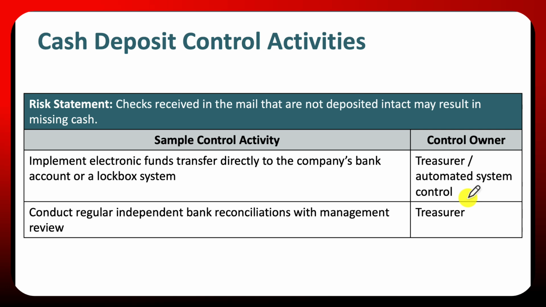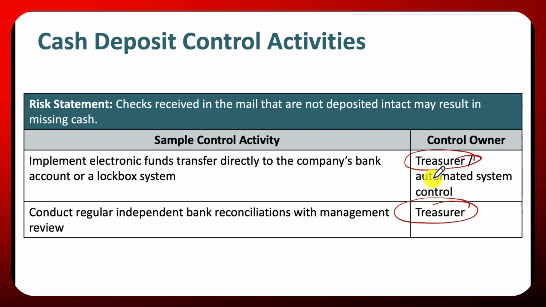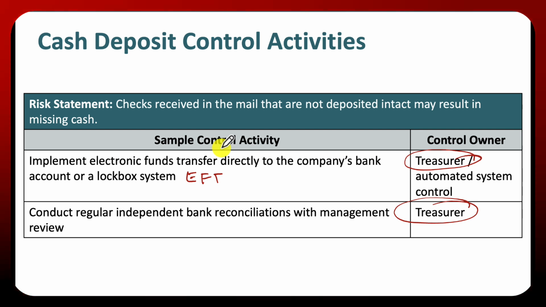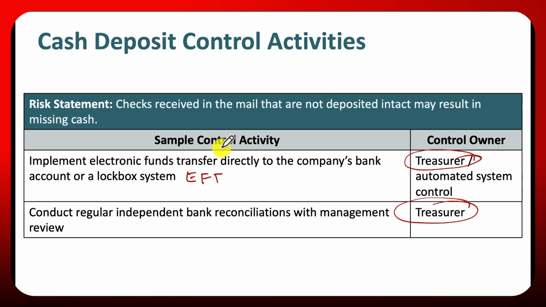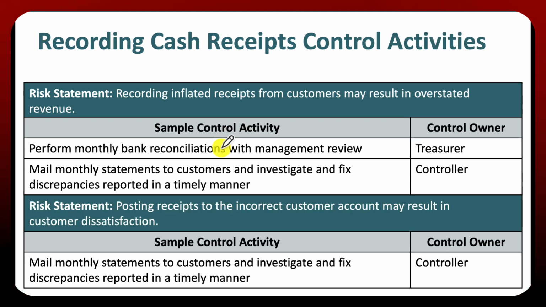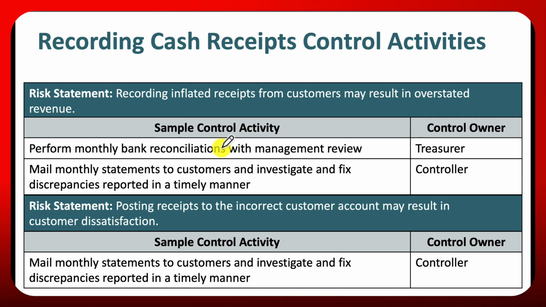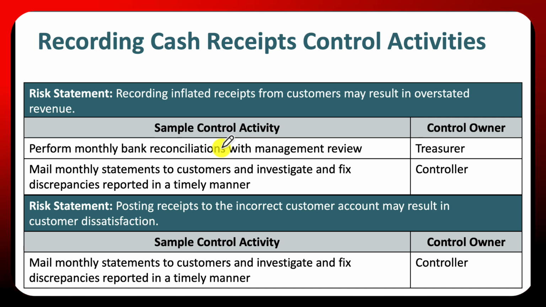Now let's look at cash deposit control activities. Again, we have the treasurer as our control owner, and they may implement EFTs, electronic funds transfers, directly to the bank via a lockbox system. They might also conduct regular independent bank reconciliations with management's review. Now let's talk about recording cash receipts and the control activities there.